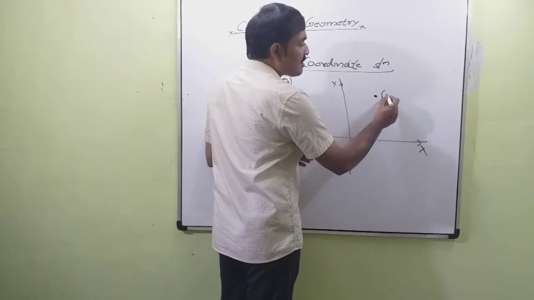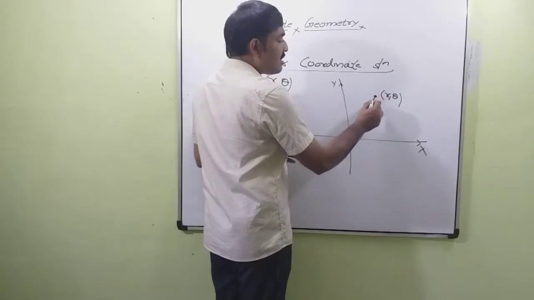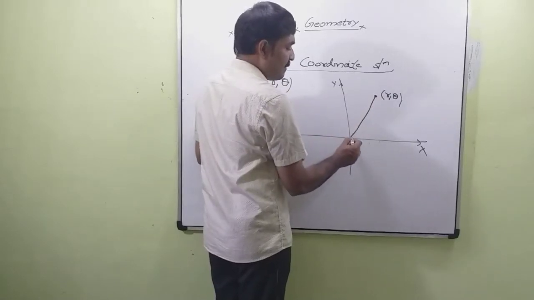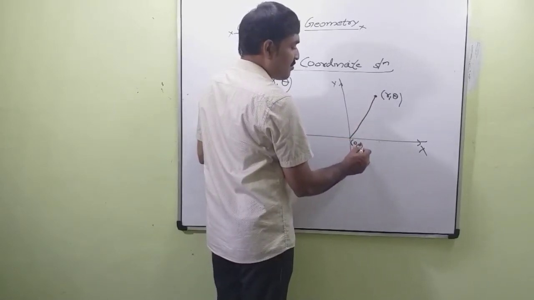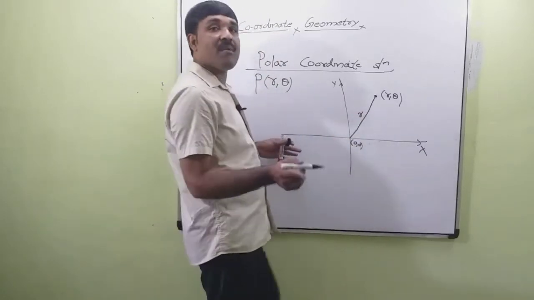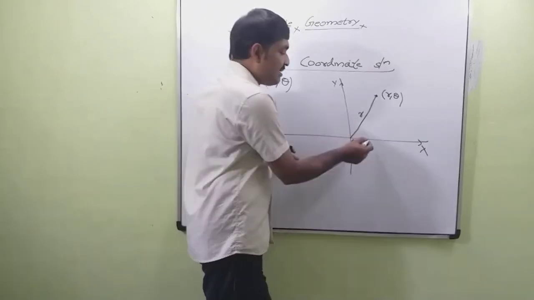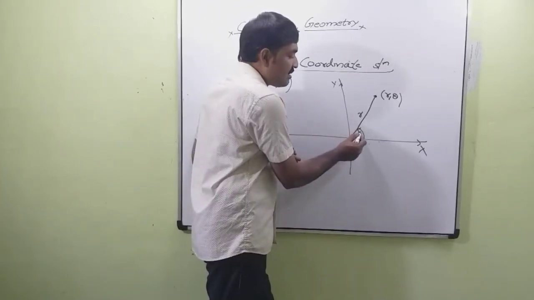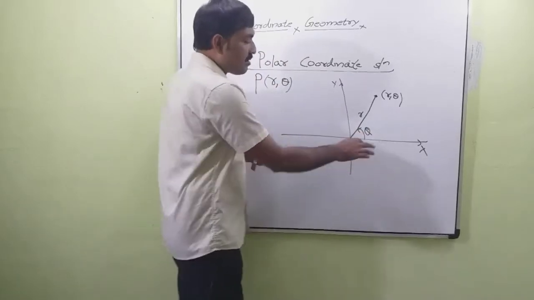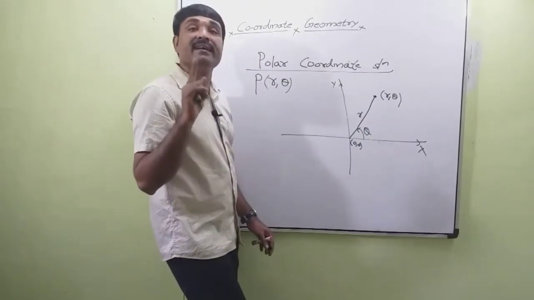This point is represented by r comma theta, where r is the distance measured from the origin, which is 0, 0. The angle measured from the x-axis in the anti-clockwise direction is theta. If you measure the angle in the clockwise direction, it becomes minus theta.